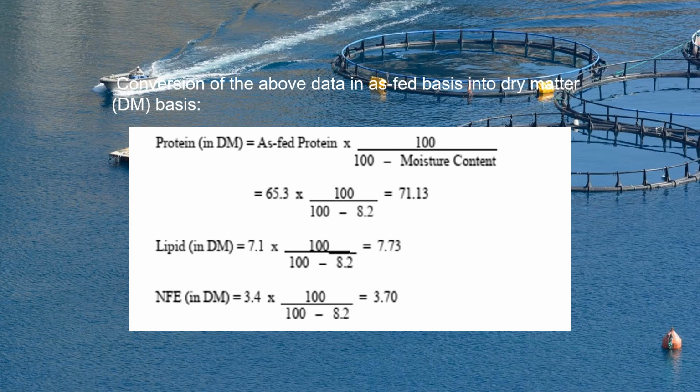So for lipid in dry matter, the as feed lipid is 7.1 times 100 over 100 minus 8.2, which is the moisture content, equals 7.73. For the nitrogen-free extract in dry matter, the as feed value is 3.4 times 100 over 100 minus 8.2, which is the moisture content, equals 3.7.